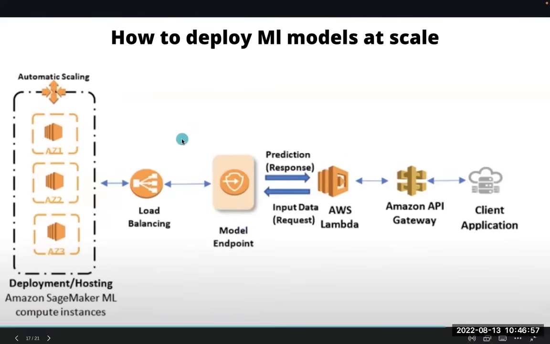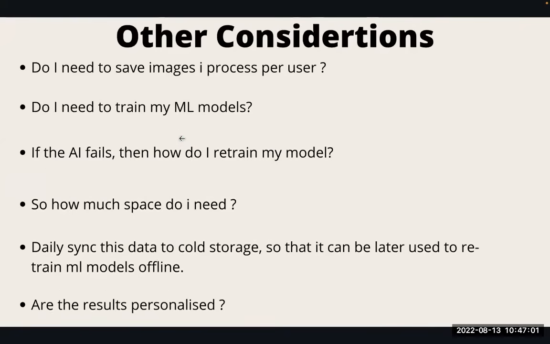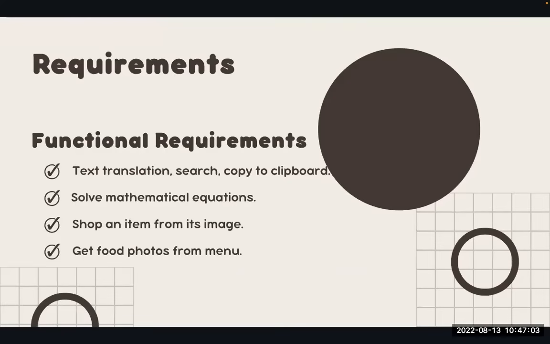Okay. So now these are all the context. Quick reminder, because a lot of things are new. Before we start the system design, now we have broken down the problem which was given to us: Google Lens is a product by Google which does these things: text translation, search, copy to clipboard, solve mathematical equations, solve for an item from its image, get food photos from its menu.